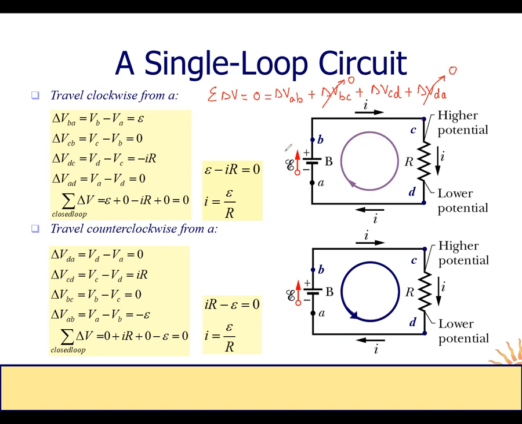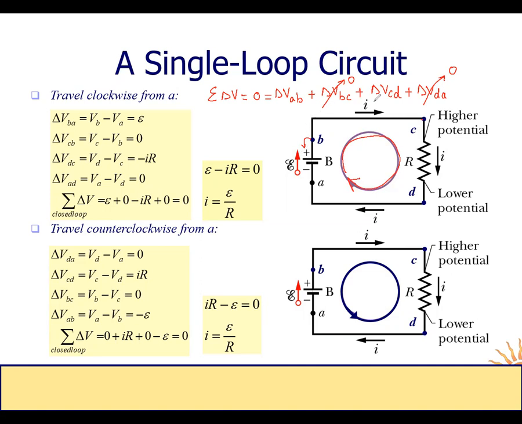Delta V AB, you know, B is at the positive side. As you see here, we pass from A to B, B to C, C to D, D to A, in a loop like this, okay?